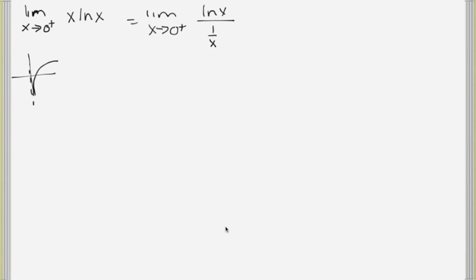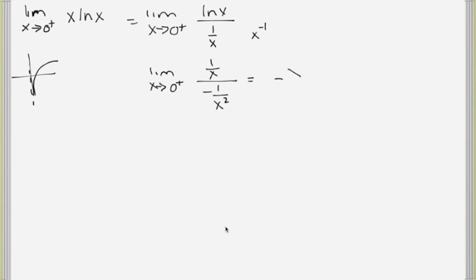Okay. So L'Hopital's rule then, on the top, the derivative of ln of x is 1 over x. And the derivative of 1 over x is going to be negative 1 over x squared. I think about that as being x to the negative 1. So then that gives me a fraction divided by a fraction. So we can multiply by the reciprocal.